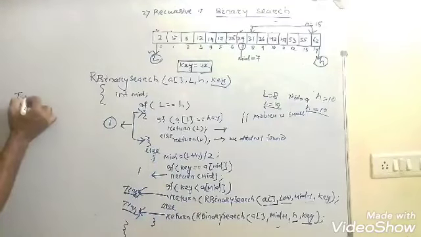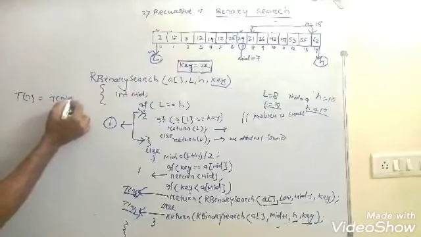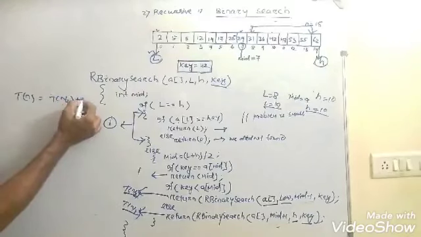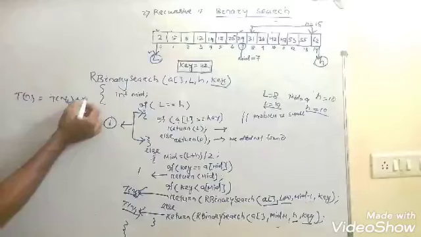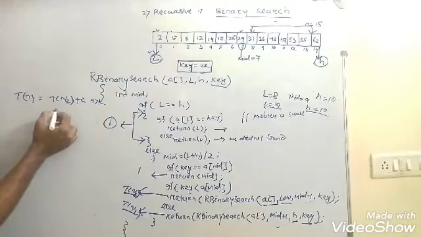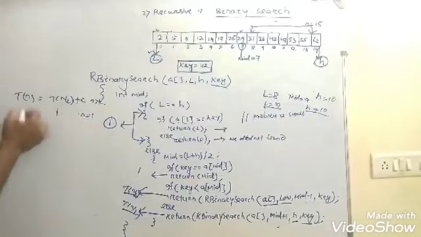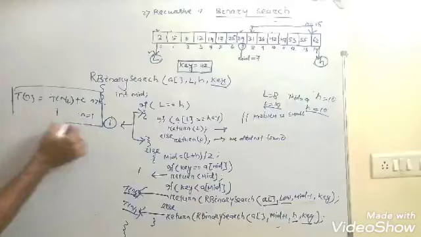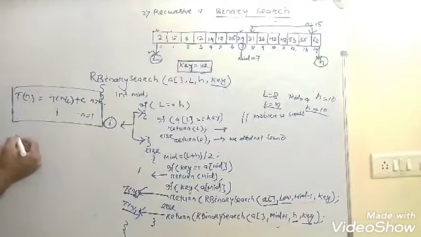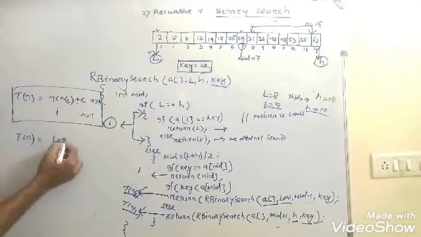So Tn will be Tn by 2 plus some constant, you can say C, if n is greater than or equal to 1, otherwise it is 1 when n equals 1. If you solve this recurrence relation by using the master theorem, then the time complexity for recursive binary search is Tn equal to log n.